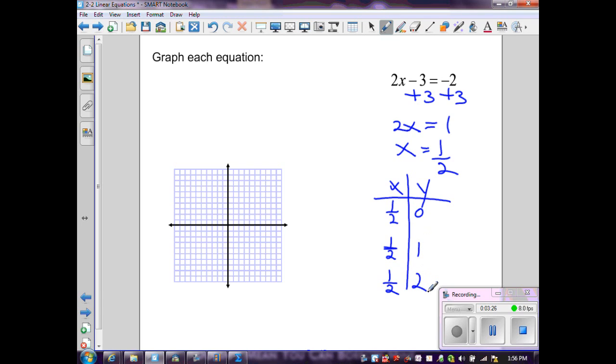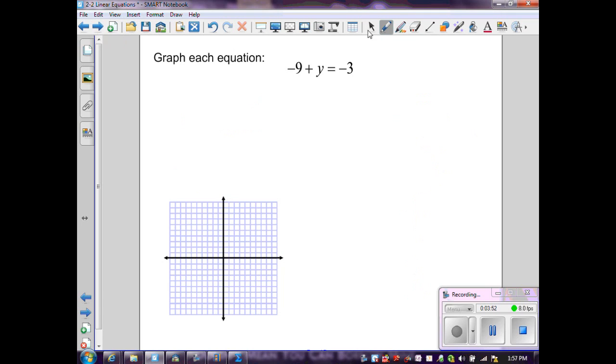And then I graph. 1/2, 0. 1/2, 1. And 1/2, 2. And there's my vertical line. And I know the slope, just to refresh everybody, is undefined.